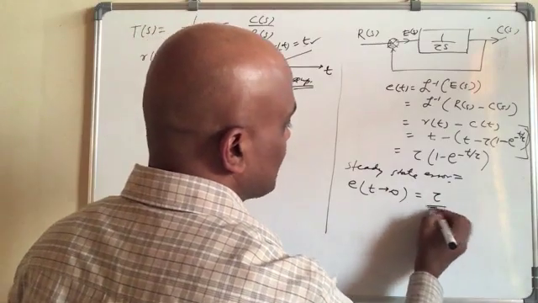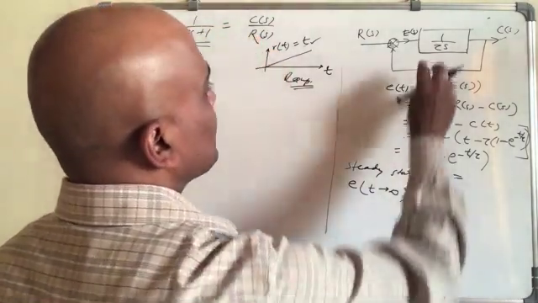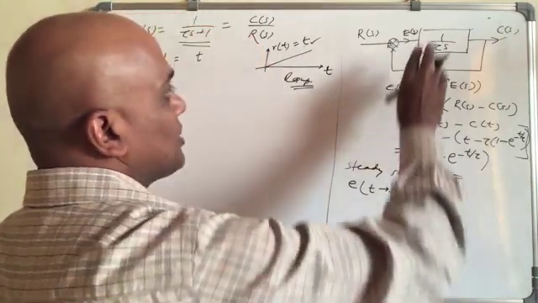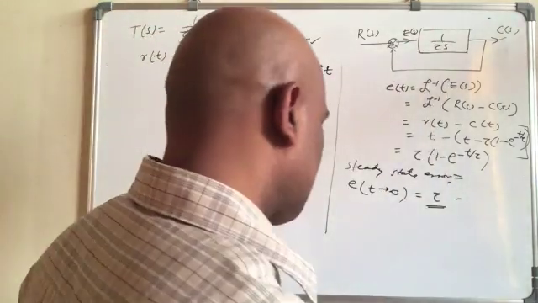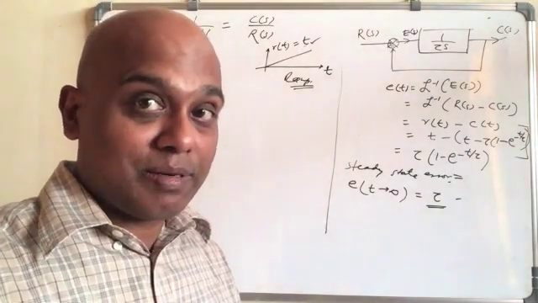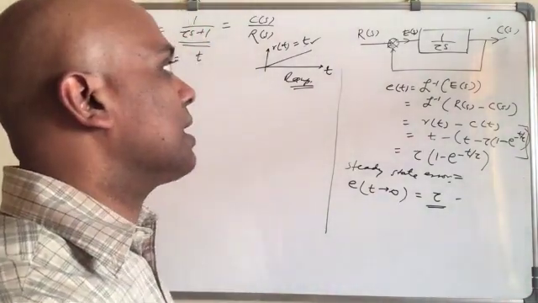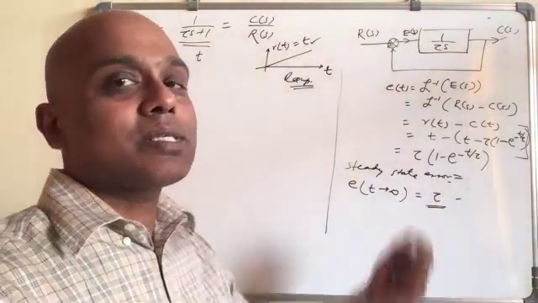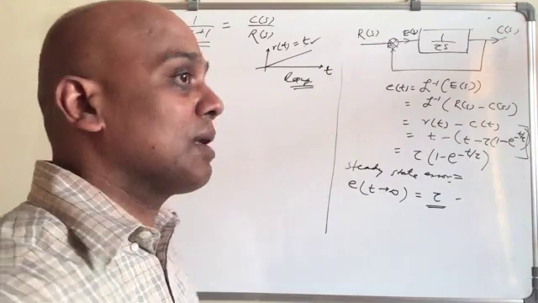So the steady state error in this system will be tau. This is the first order system, but the input is a ramp. So if the input is a ramp, then the steady state error becomes tau.